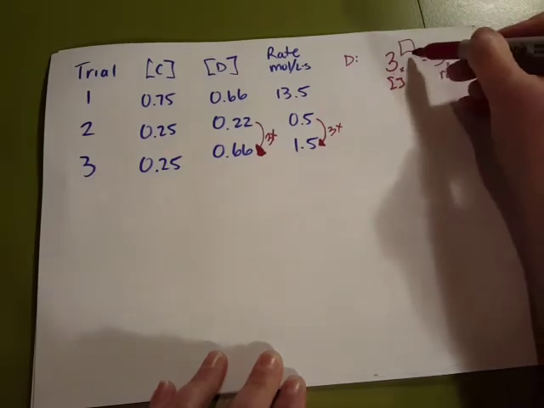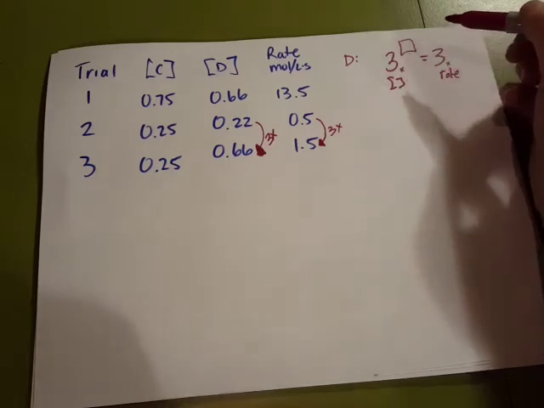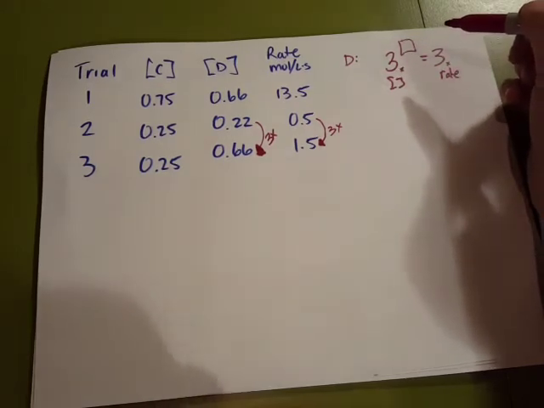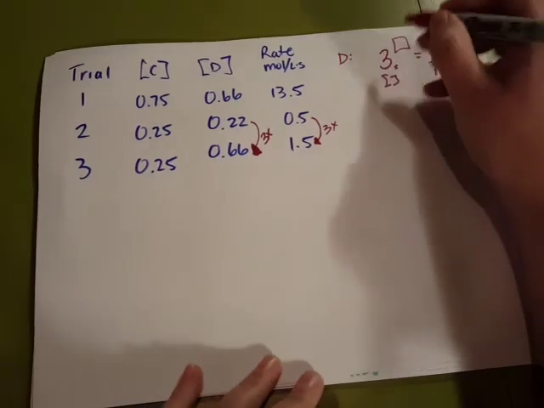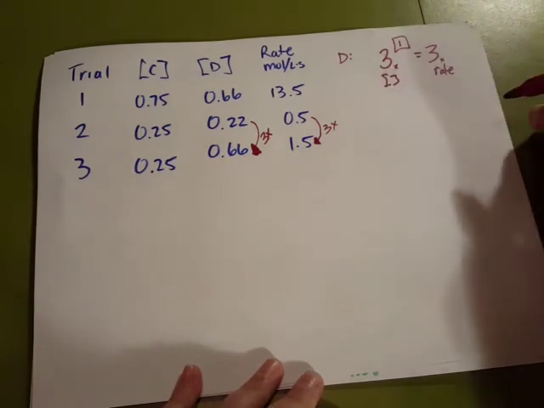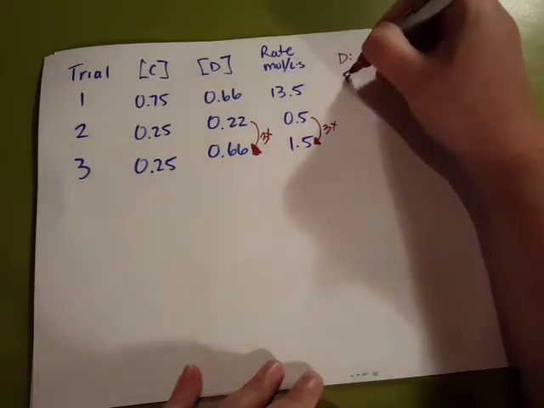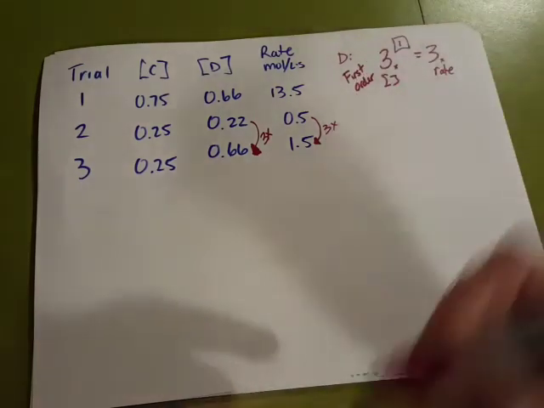So the question is what power is this? Is this a 0, 1, or a 2? And when you have anything to the power of 0, your answer is actually 1. So this is an example of 3 to the power of 1 is equal to 3. Therefore, D must be a first order reactant.